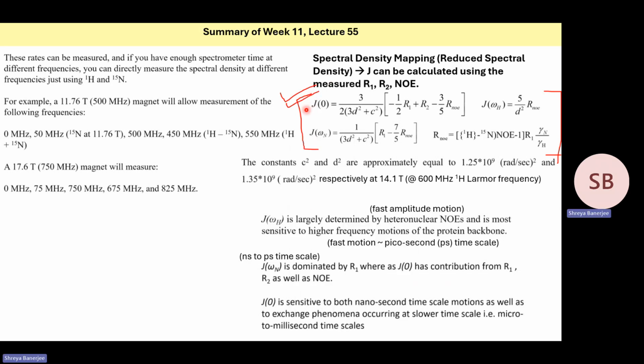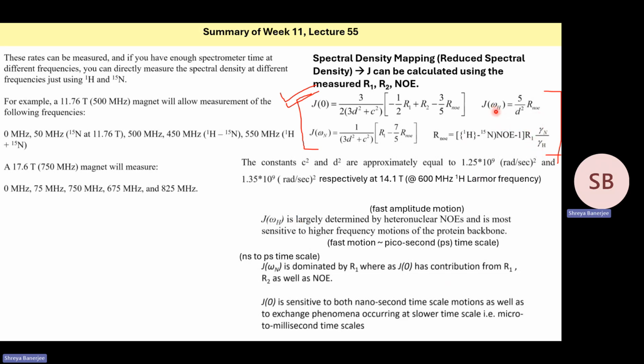So what you can see is J of omega h is 5 by d squared into R NOE, where R NOE depends on the calculated NOE minus 1 multiplied by R1 into the gyromagnetic ratios.